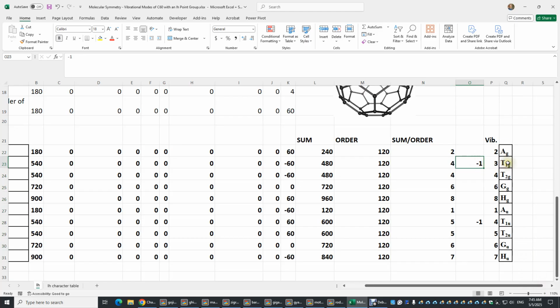The 3 rotations belong to this T1g irreducible representation, and then 3 translations T1u. And then in the end, we determined the symmetry of the vibrational modes for carbon 60. How many vibration modes does a carbon 60 atomic cluster have? Well, it's pretty simple. It's 180 minus 3 minus 3. Because we need to subtract 3 rotations and 3 translations.